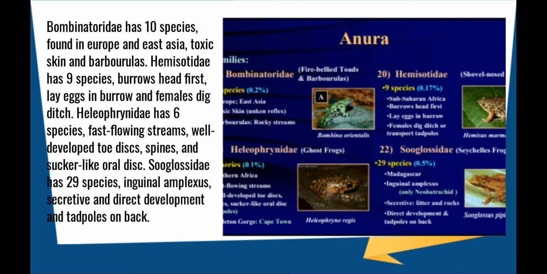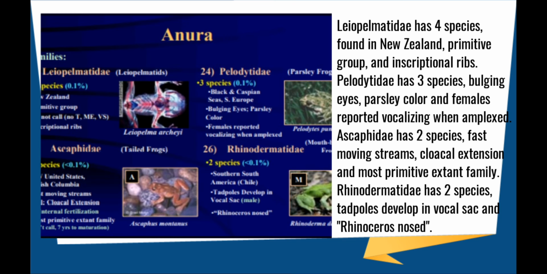Sooglossidae has 4 species, inguinal amplexus, and secretive and direct development, and tadpoles are on their back. The Leiopelmatidae has 4 species. They are found in New Zealand and they are a primitive group with inscriptional ribs.